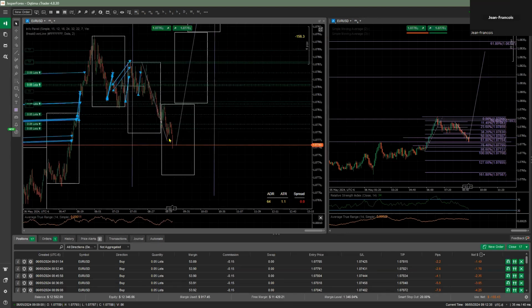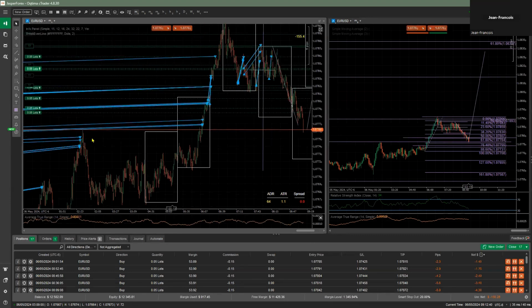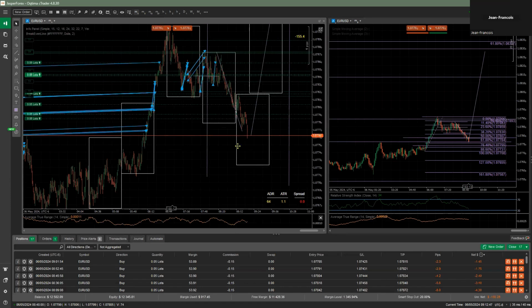So if you can take a trade here, we're at support. We're testing this resistance. What was resistance is support. I just took one.